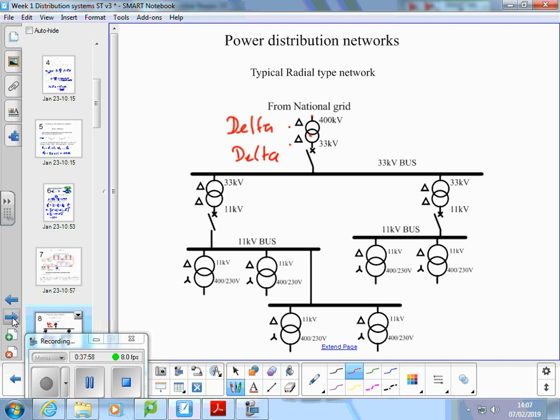Alright, and that's telling you the voltages. So that's a transformer. This is a circuit breaker. And the thicker lines are called a bus. It's not something that drives down the road.